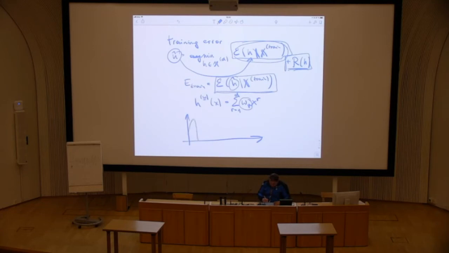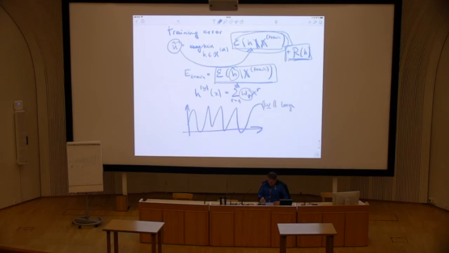So if the weight vector has a large norm, then the corresponding polynomial function is very wiggly. So for large weight vectors, if we fit it well on labeled training data, it might not do a good job on validation data.